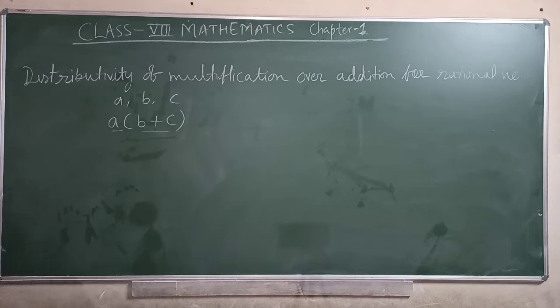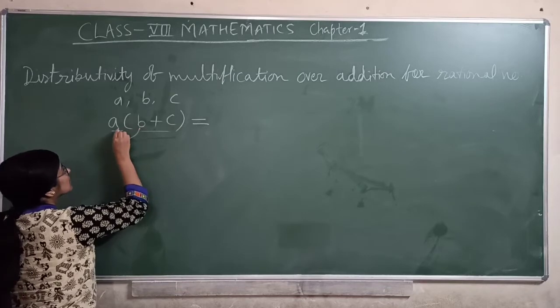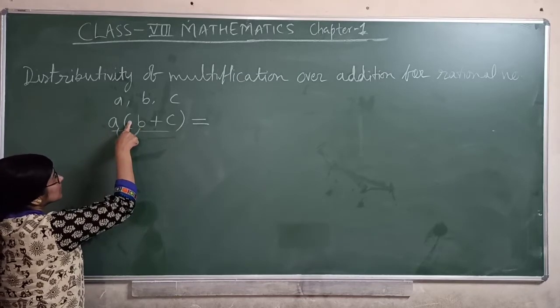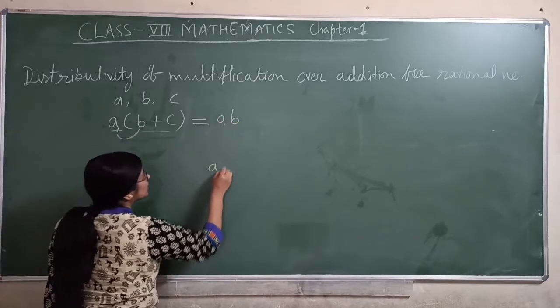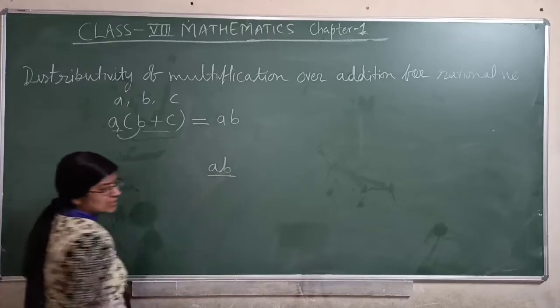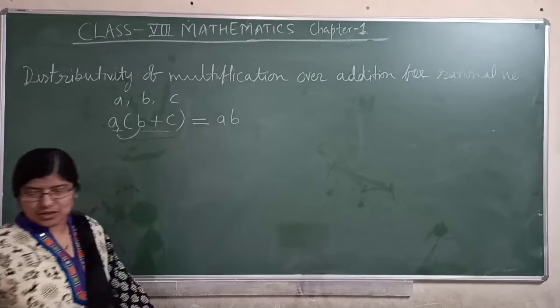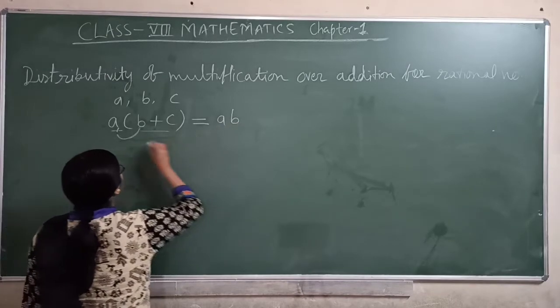So, how will we do this? First we will multiply this to this. A to B, here plus sign, plus into plus, A into B. Don't write like that, we are not writing spelling. A separate, B separate. These A and B are rational numbers.